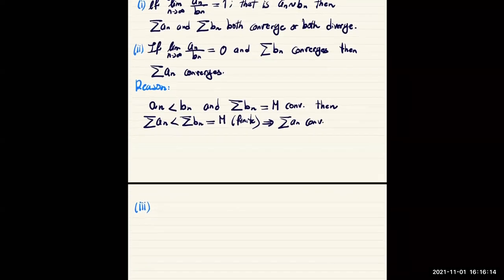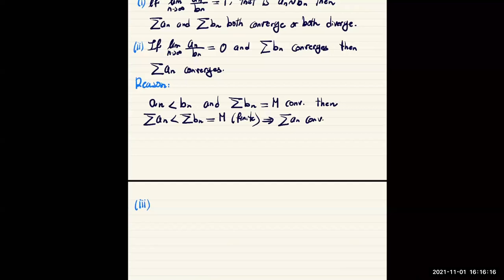which is exactly the opposite of the second statement. Imagine the limit of a sub n to b sub n is, the opposite of 0 is infinity, I guess. Imagine this limit is infinity. And the series of b sub n diverges.